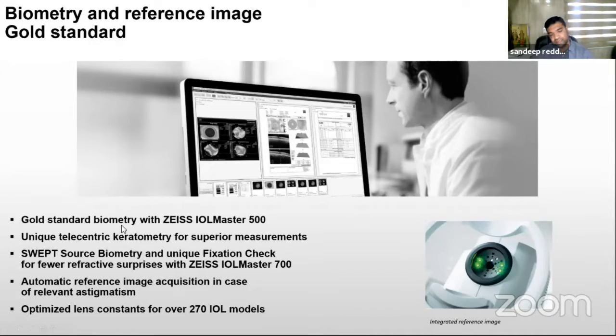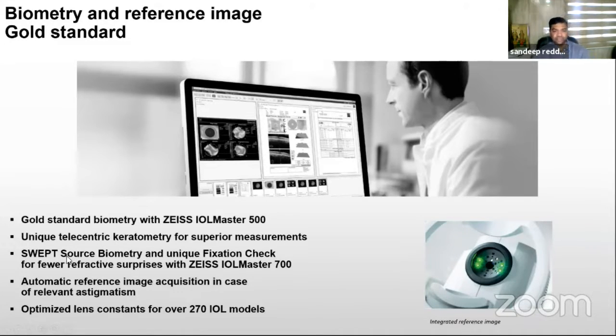The Rhexis guide that comes is also telecentric, concentrating on the visual axis. If you observe during surgery, you will understand the rhexis is not at the center of the pupil. Most of us try to do a rhexis at the center of the pupil, but it should be telecentric, which helps in multifocal IOLs.